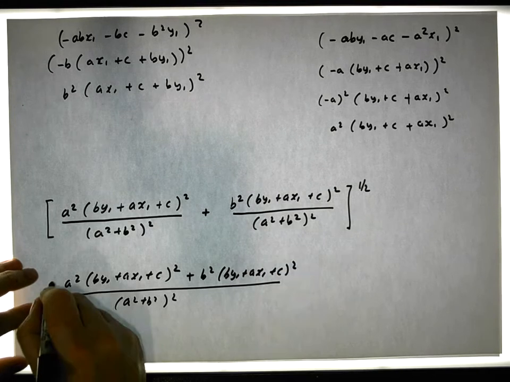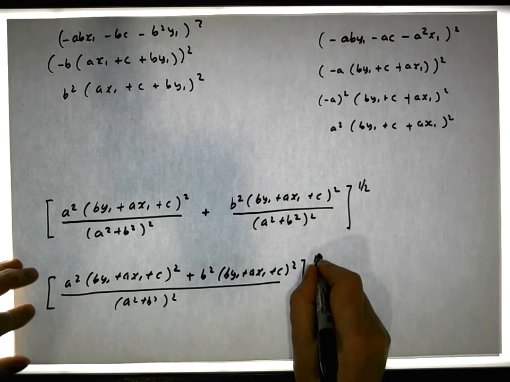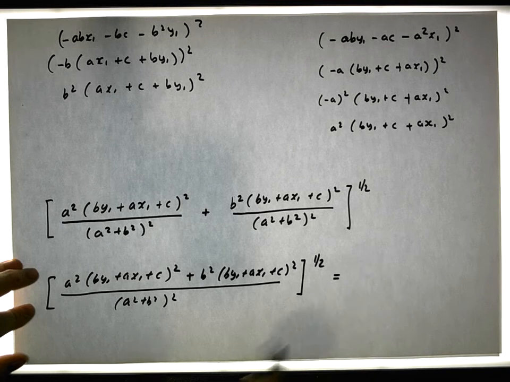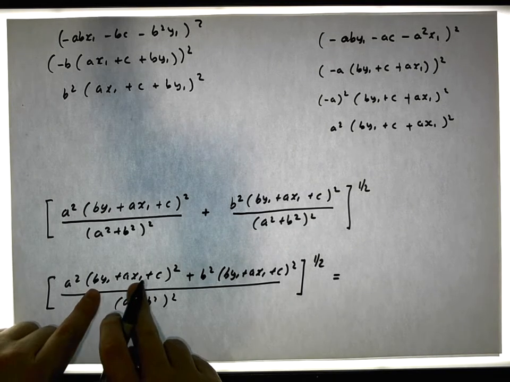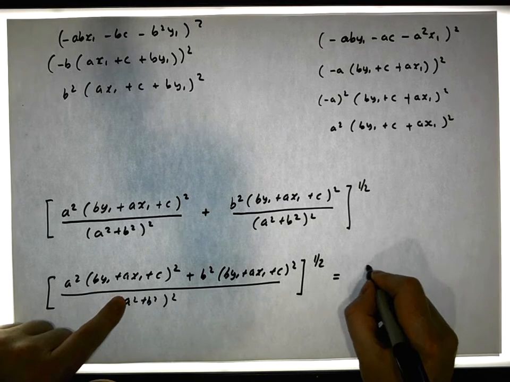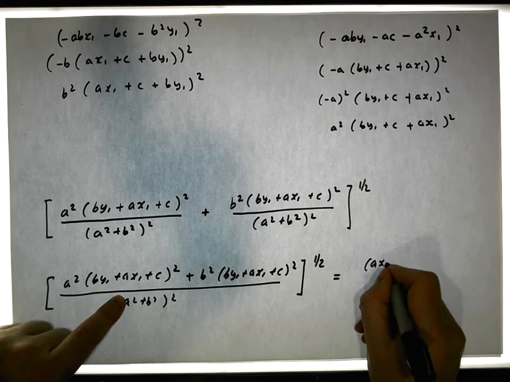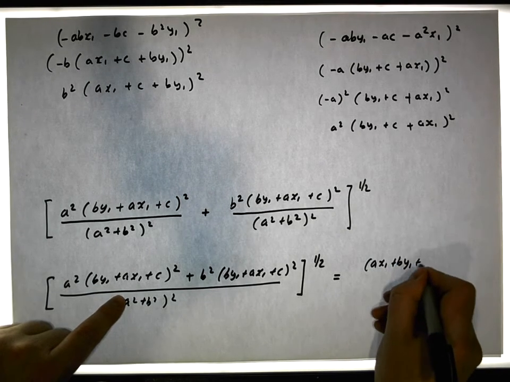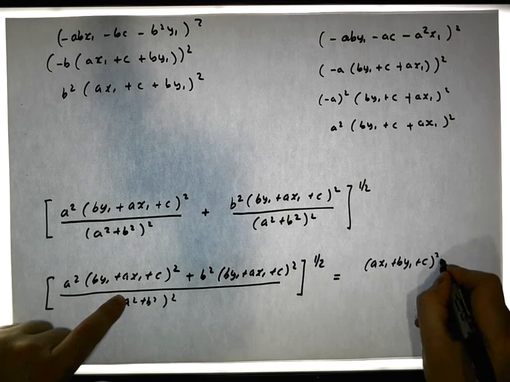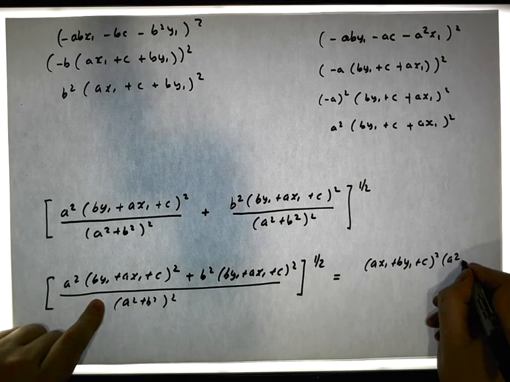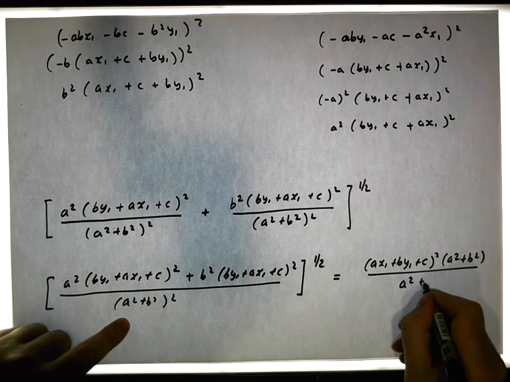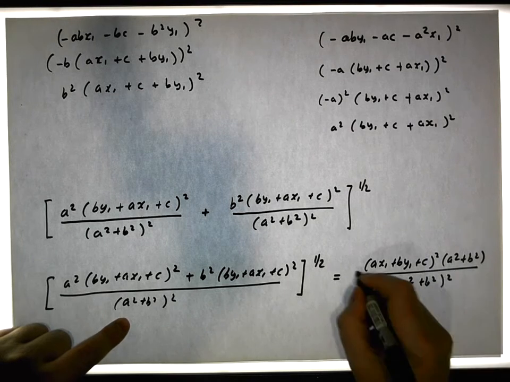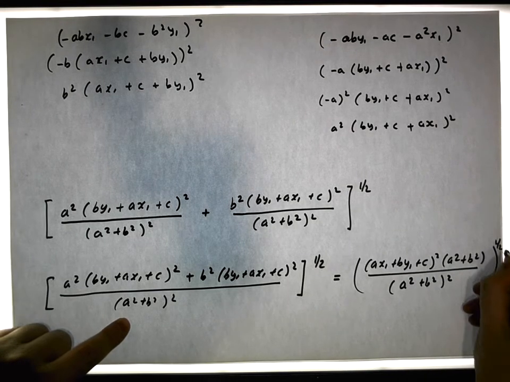It's the square root of that, which is the same as, oh look, there's a common term here, it's by1 plus ax1 plus c, which is the same as, let's say, ax1 plus by1 plus c, to be squared, which needs to be multiplied by a squared plus b squared all over a squared plus b squared squared, and it's the square root of that, so it's the half of that.